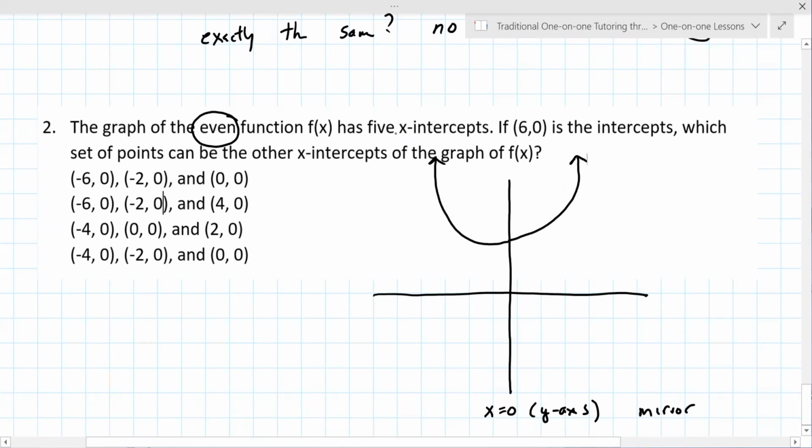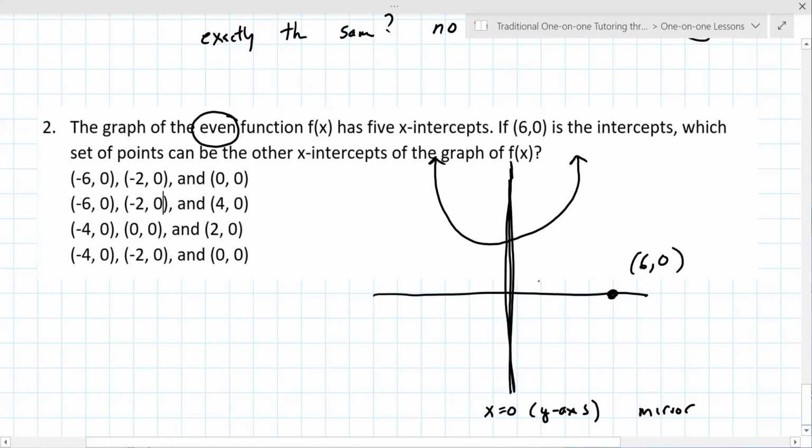So this has some extra information that is not important here. But what is important is it's saying, if 6, 0 is a point, where is the mirror? See how this is the mirror right here, this line again?